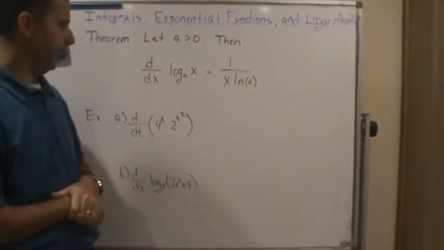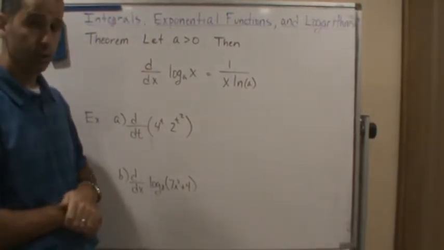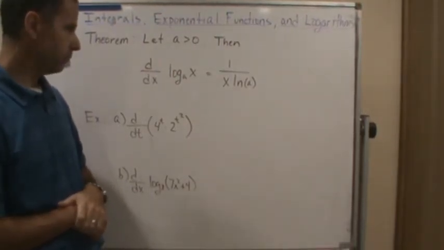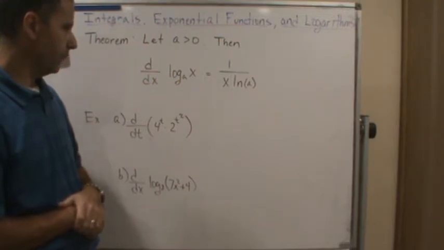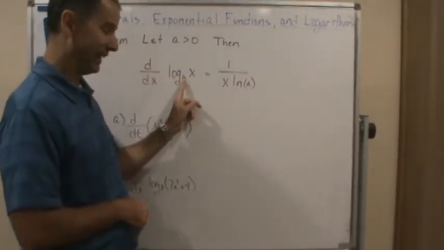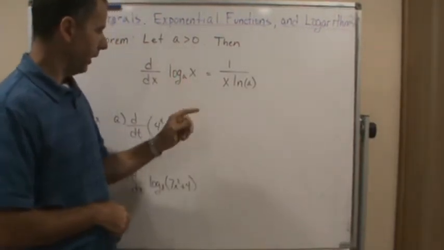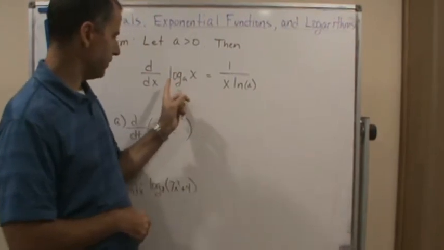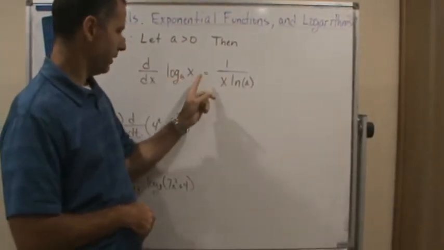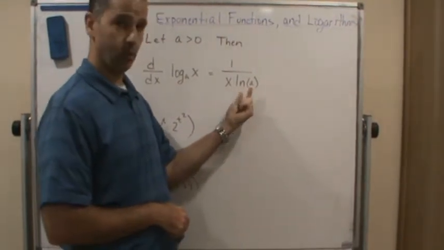Okay. Now, this also includes the natural log, because if we have a natural log, that's log base e, right? If this is log base e, then this is going to be 1 over x times the natural log of e, which is 1.